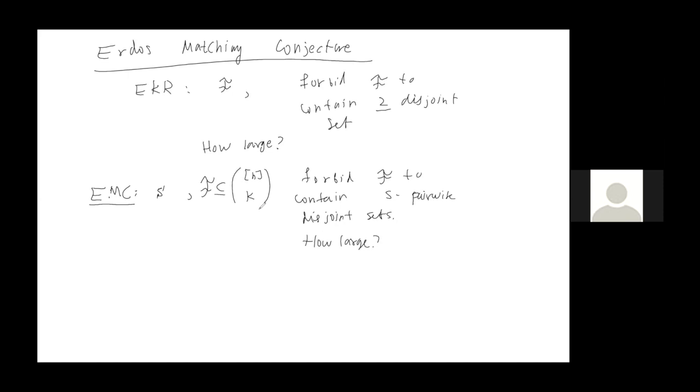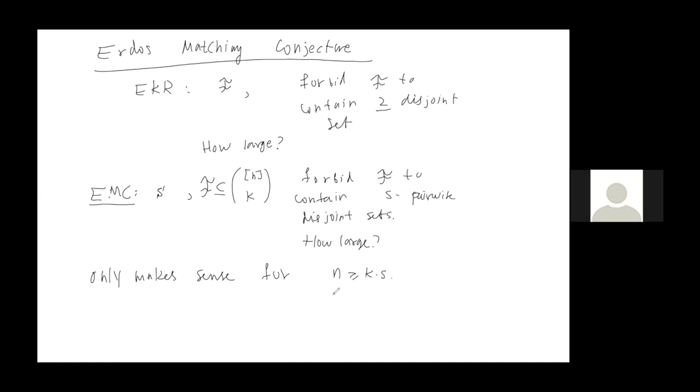The story here is not so simple, but one thing is clear. The question only makes sense when n is more than k times s, because otherwise you don't have enough elements in your universe to contain s disjoint sets.